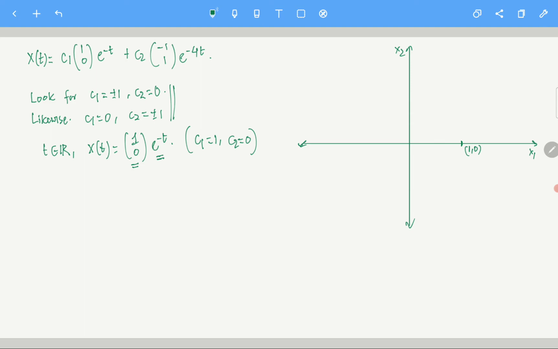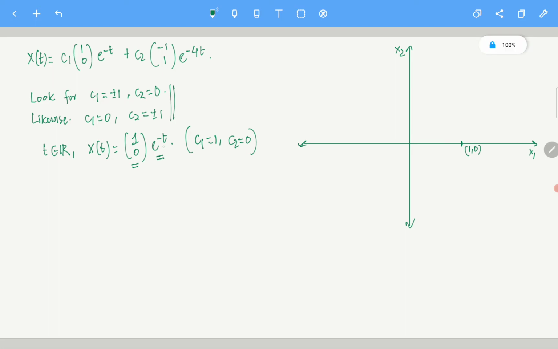Now, e power minus t, the part of the solution which you get from the eigenvalue, gives you how the solution moves. Clear? At t equals 0, of course it is at (1, 0).